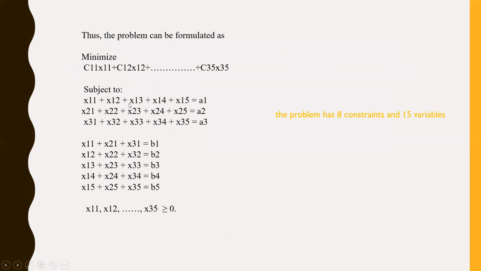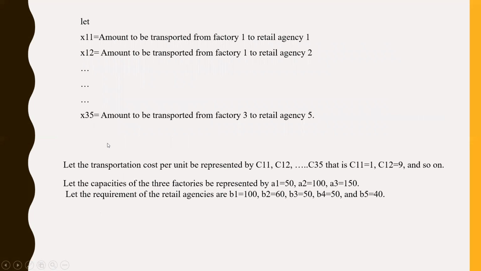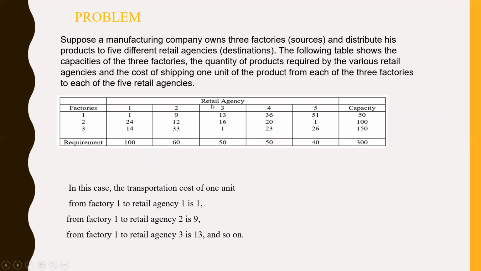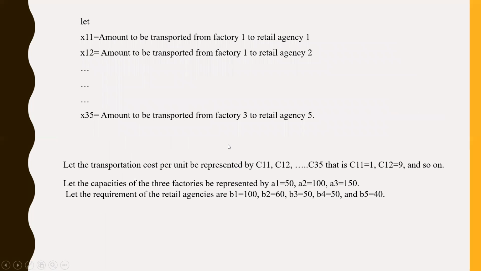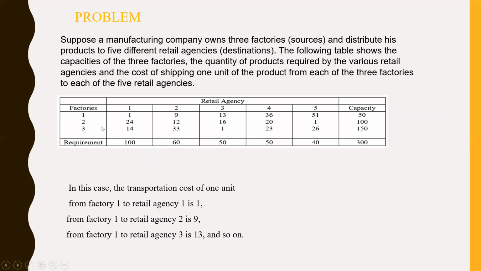Then X13 plus X23 plus X33 equals B3, which is 50. Then we have X14, X24, X34 equals B4, which is 50.